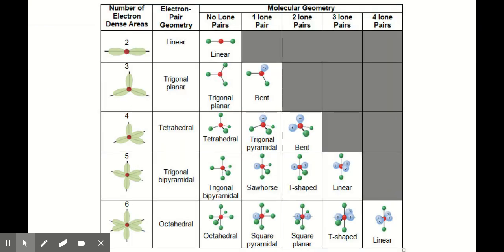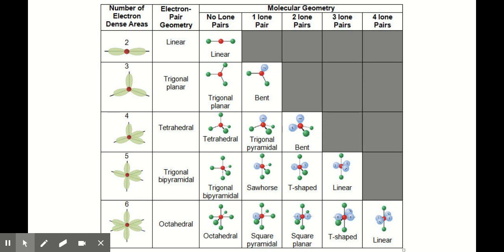So here is a chart that can be useful. You might want to screenshot this or just save this slide somewhere for easy access, but you can use this to identify the shape of whatever you're talking about. So this gives you a pretty straightforward way to identify this. There's a lot of these out there, and it kind of depends on what you prefer for getting your information.